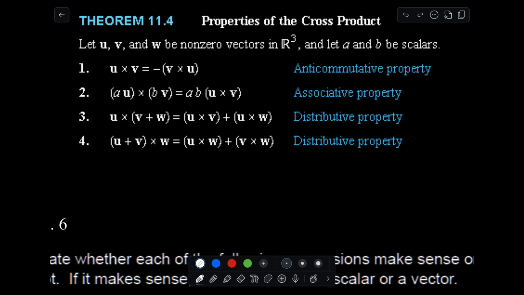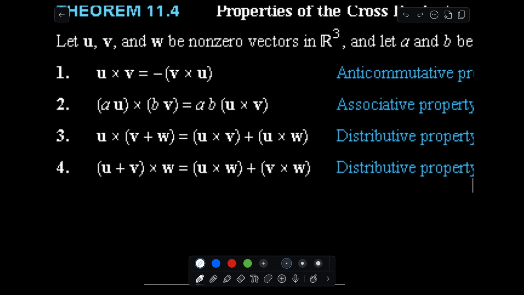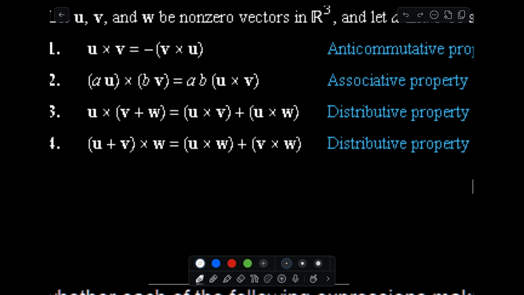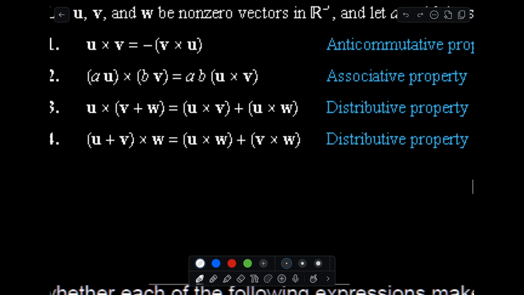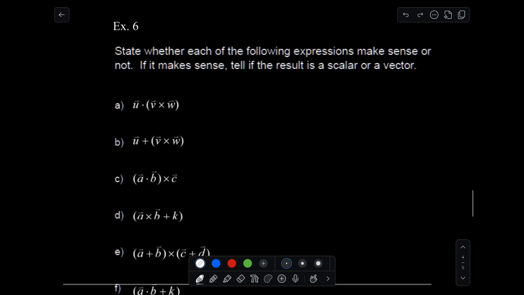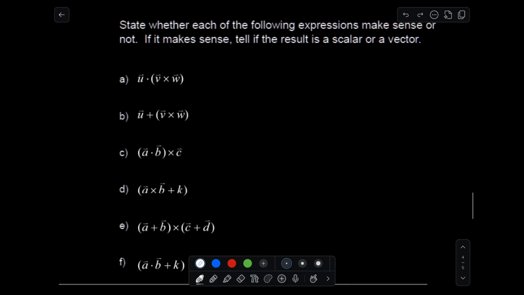You have the distributive property, where you can just multiply this out to these two, and you'll still get the same result. And then again, another form of the distributive property, it works both ways. Just multiply that out. And then we have to determine whether or not each of these expressions make sense, and if it makes sense, explain why it would be a scalar or a vector given those properties, right? So feel free to pause the video and try these examples on your own.